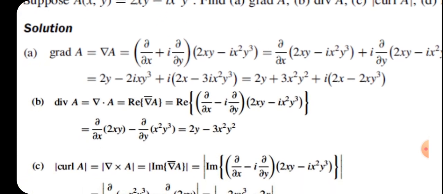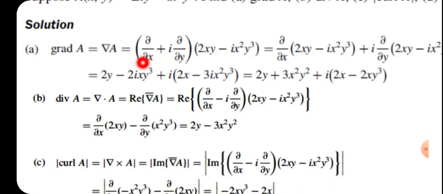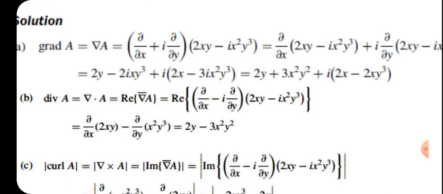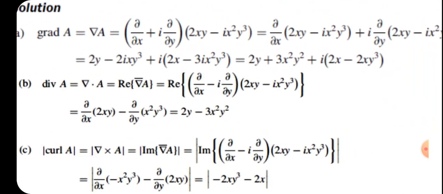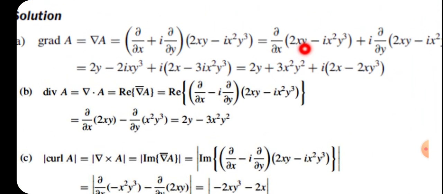Now to find the gradient, you have to write the rule of the gradient, partial x plus i partial y of A. And now you can find partial x of this bracket, plus i partial y of this bracket of A. You can find partial x of 2xy, which is 2y, and partial x of negative i x squared y to the power 3.